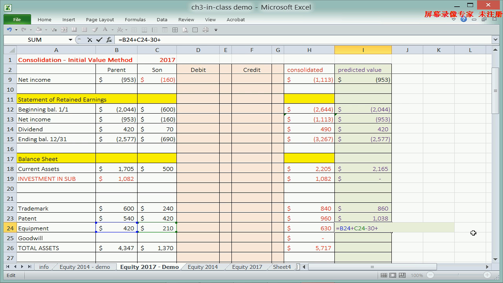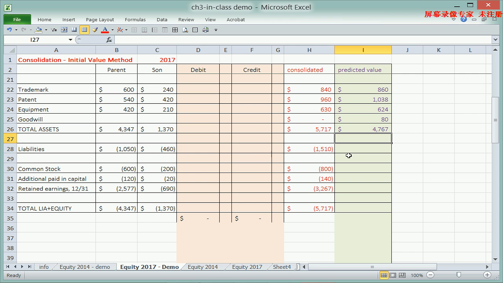But every year this negative 30 is amortized, so we're basically reversing this negative 30 every year by 6,000, and 4 years has passed, so that's 24. Again, the goodwill comes from the allocation table, and the total assets would be these added up.